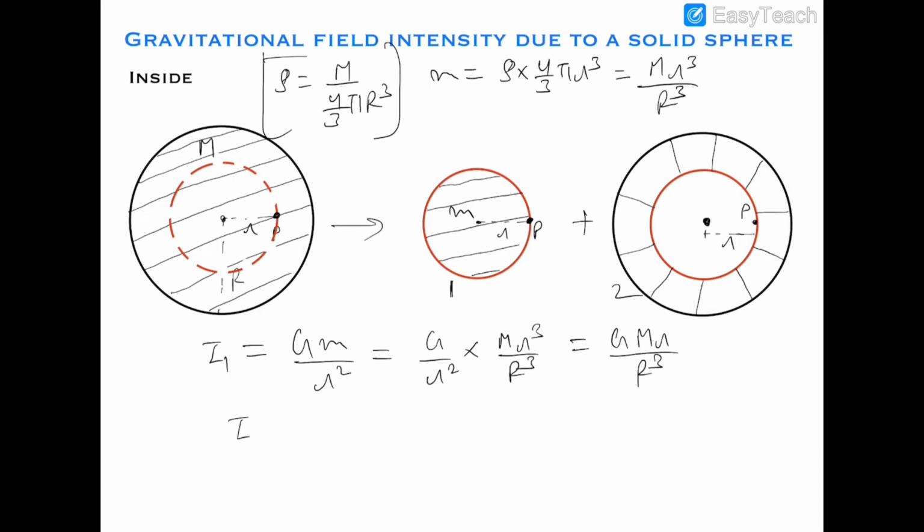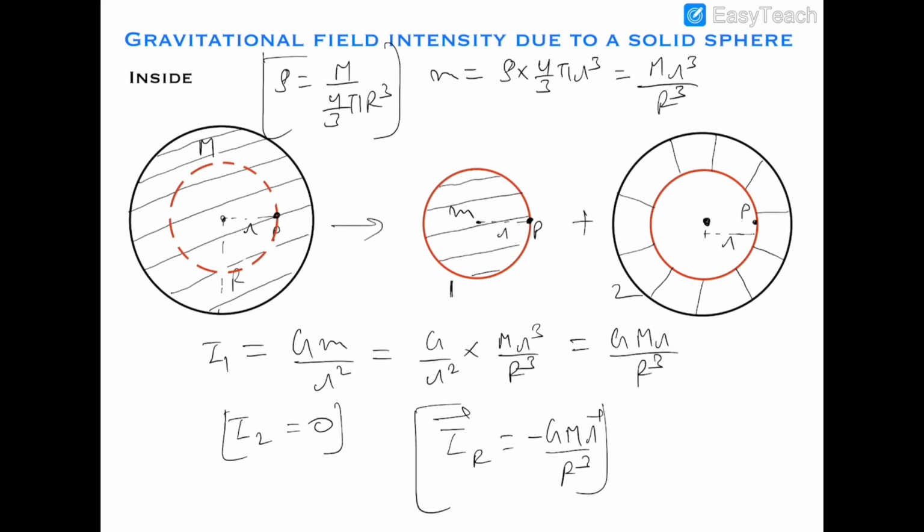And the gravitational field intensity due to the second one will be 0, because this point is lying just inside the second sphere. And we have already discussed that the gravitational field intensity inside the hollow sphere would be 0. So the resultant gravitational field intensity would be GMr by R cube. And if we write it in vector form, then it would be like that.